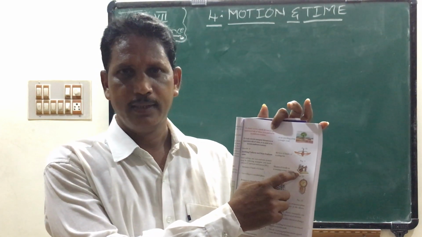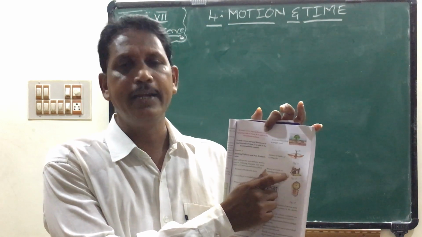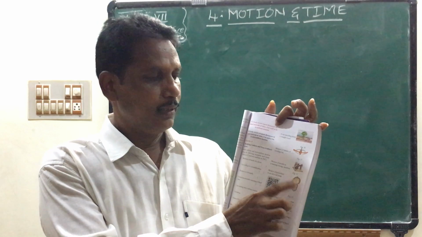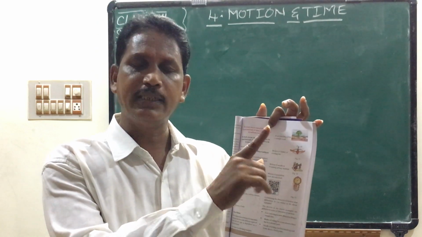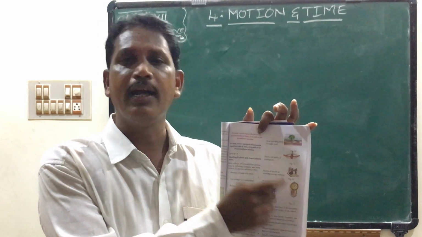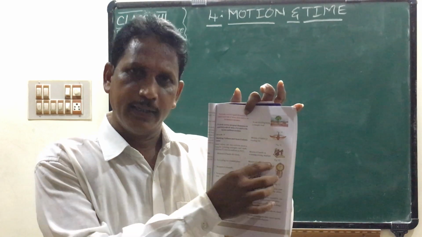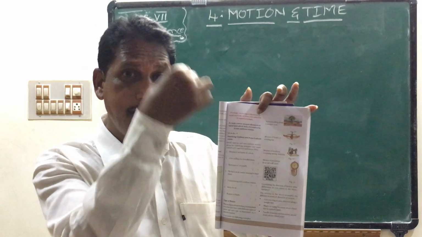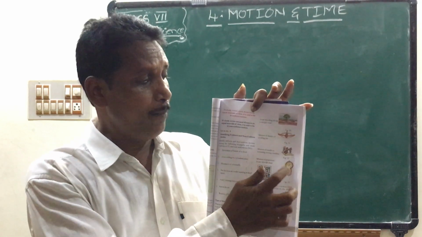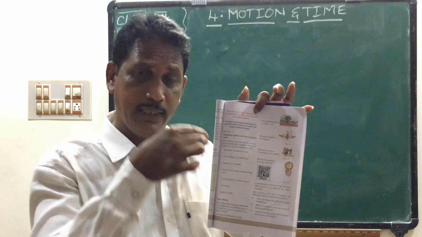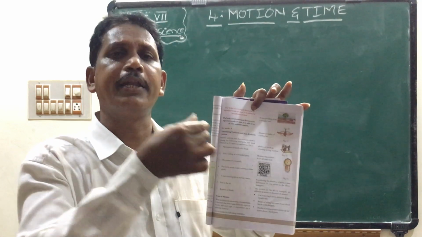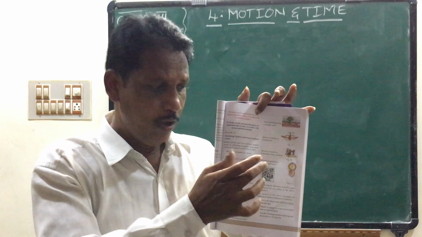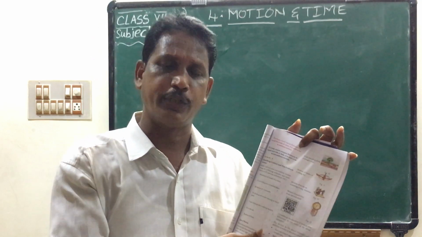The sewing machine needle is in to and fro motion, back and forth motion. The second hand or minute hand rotates. The pendulum in the wall clock is in oscillatory motion.